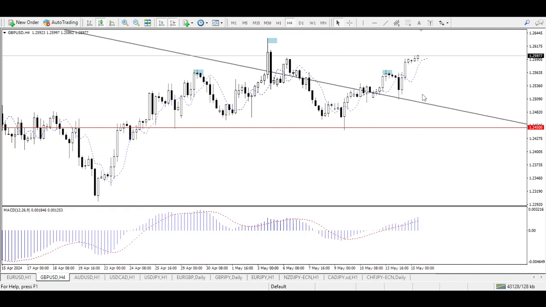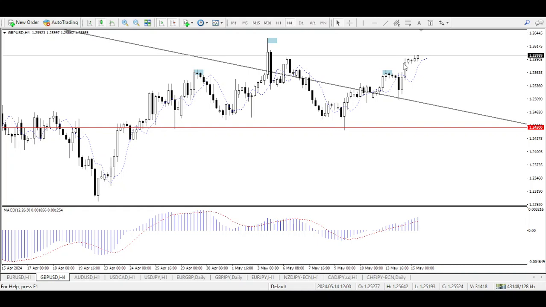So even if CPI comes the same as expected, there are chances of continuation to the upside in GBP USD, Euro USD, or you can say there are chances of a fall in the dollar index. Another thing, which is probably just a conception, is that the market has already priced in all the negative expectation of the CPI, because the series of negative data started from non-farm payroll, then services PMI.